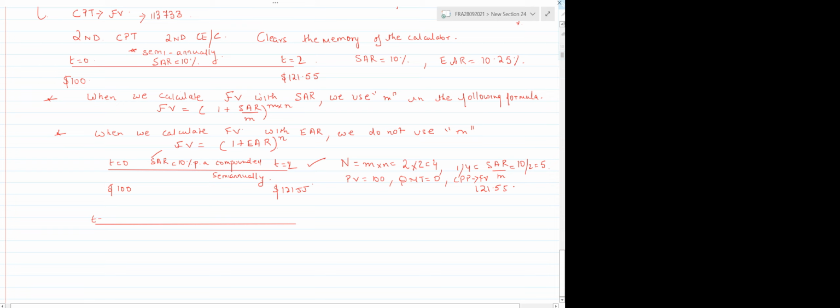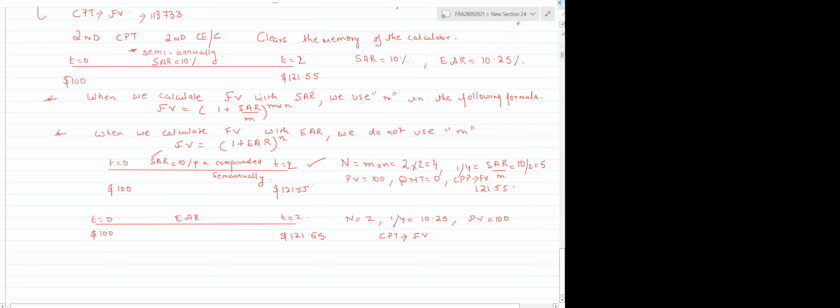If I have t equals 0 to 2, and 100 was to become 121.55 with my EAR, guys, in that case my N will equal 2, my I by Y equals 10.25, my PV will equal 100, and PMT equals 0.